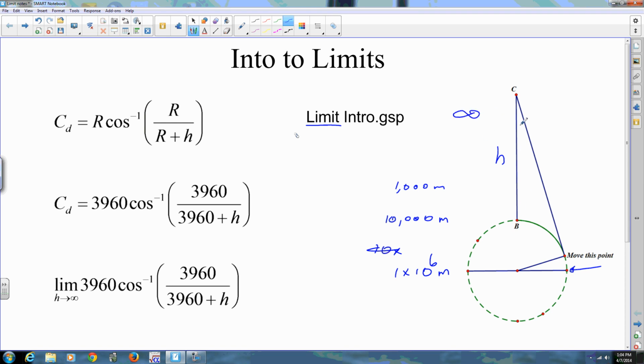If you were to go a gazillion miles out, or however many digits that is, really big, this distance is only going to grow to this point. It can't grow past it because you can't see around the corner. Okay? There's a maximum distance of how far you can see. So there's a limit to how far you can see.